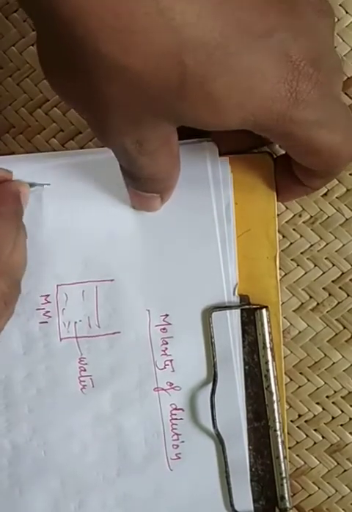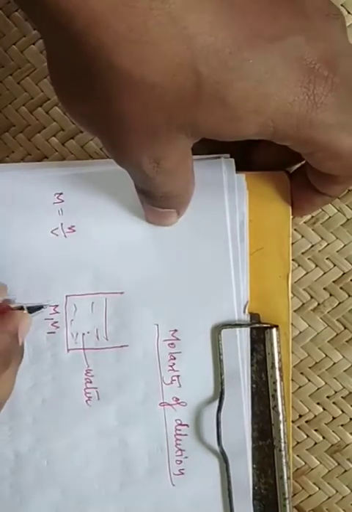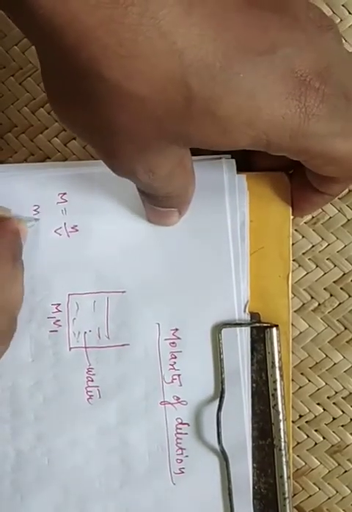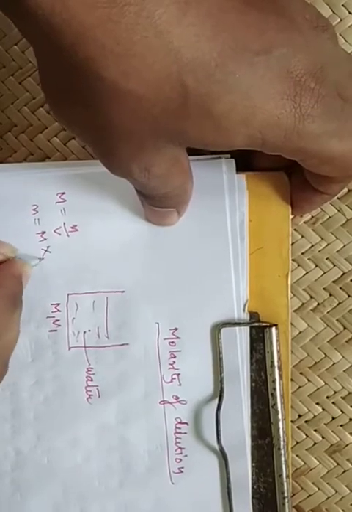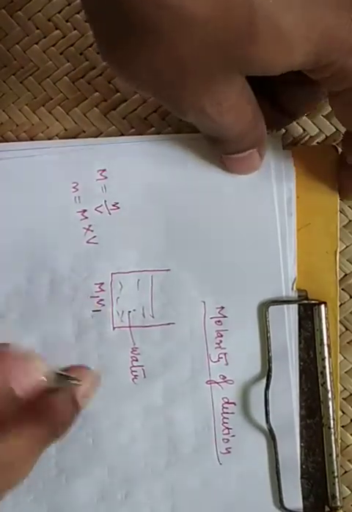You know the molarity formula: molarity is equal to number of moles upon volume. It means the number of moles is molarity into volume. So suppose the number of moles is M1V1.